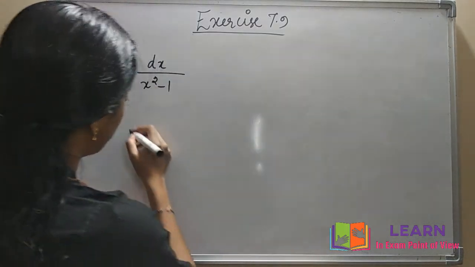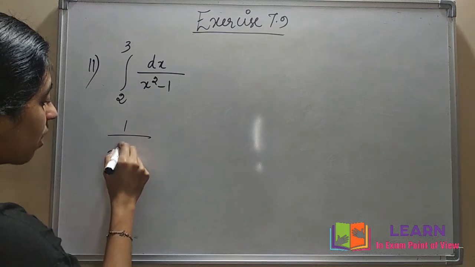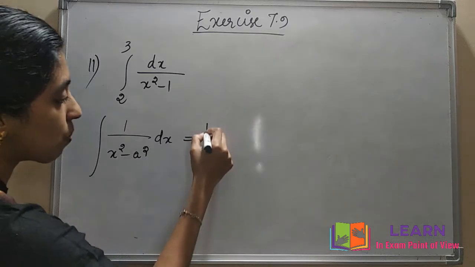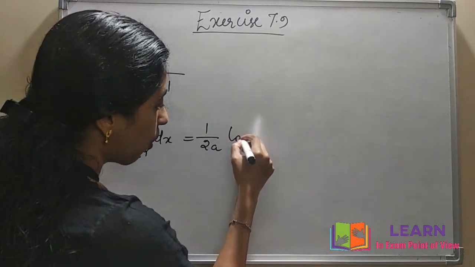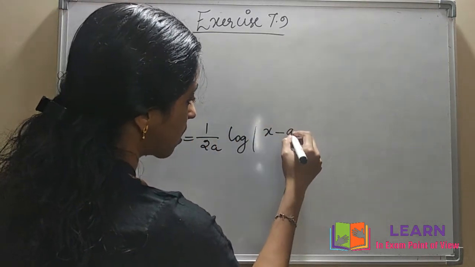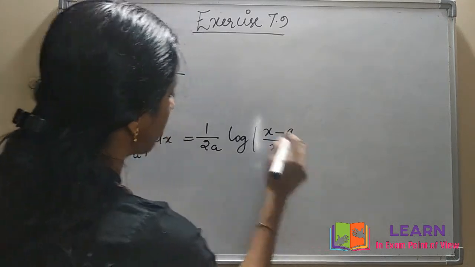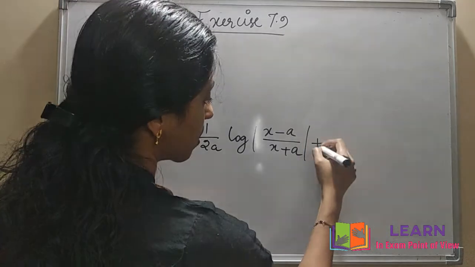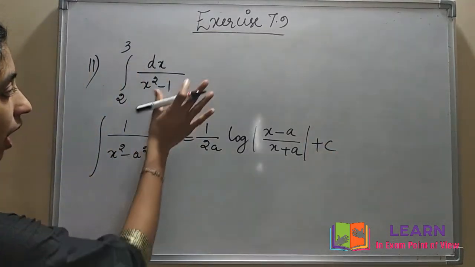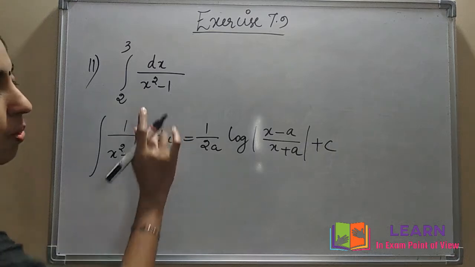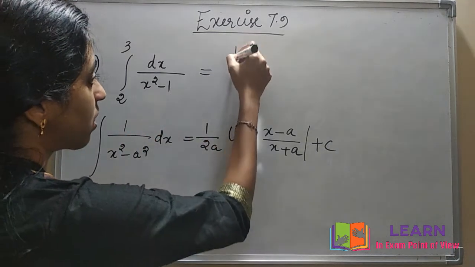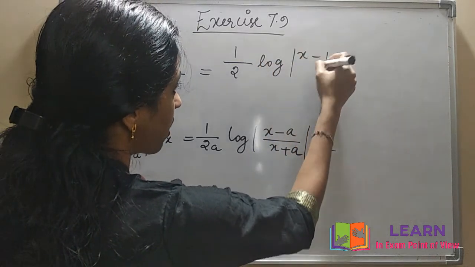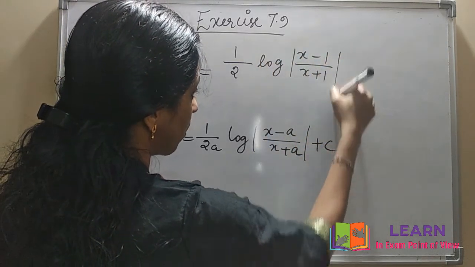That is the integral of 1 by x square minus a square, which is 1 by 2a log mod x minus a by x plus a. Since it is minus in the denominator, this was the answer. Just compare a and x here. x is the same, a is 1. So apply this: 1 by 2 into 1 log mod x minus 1 by x plus 1.